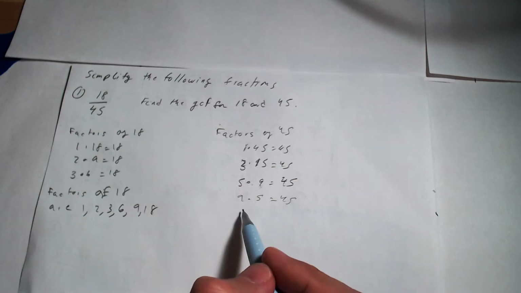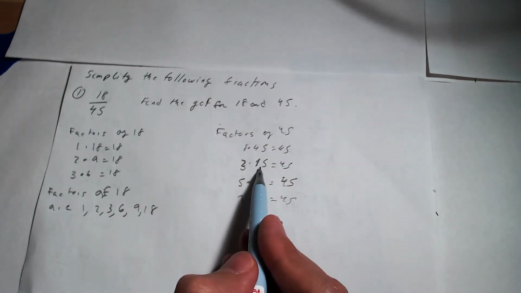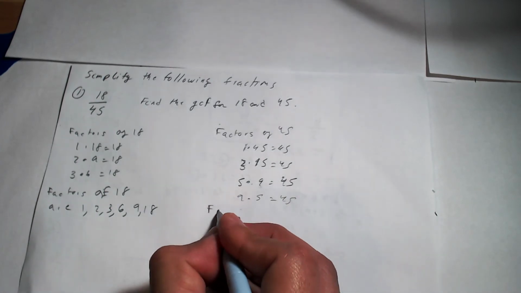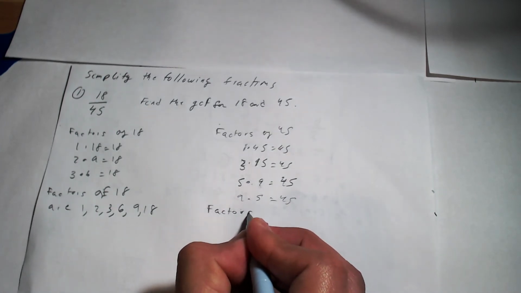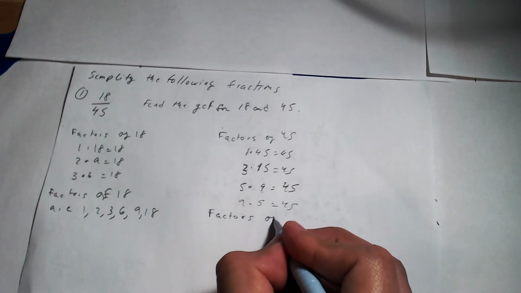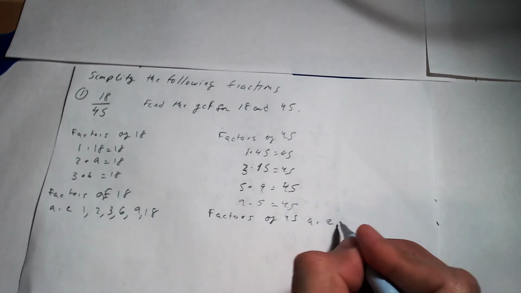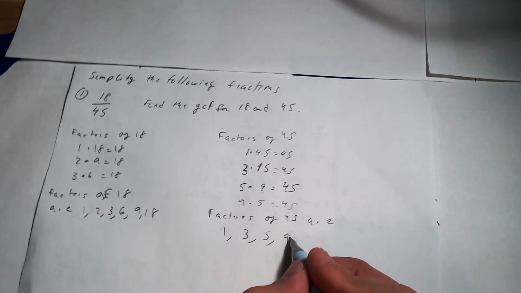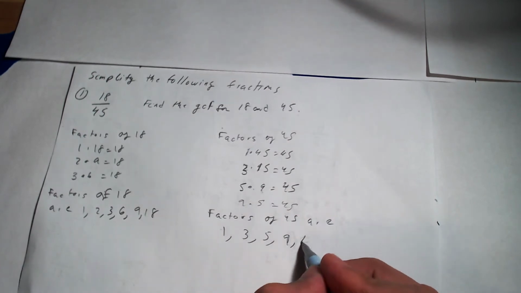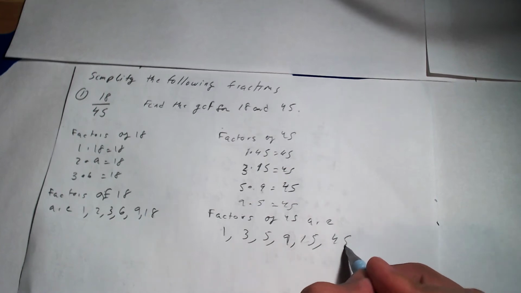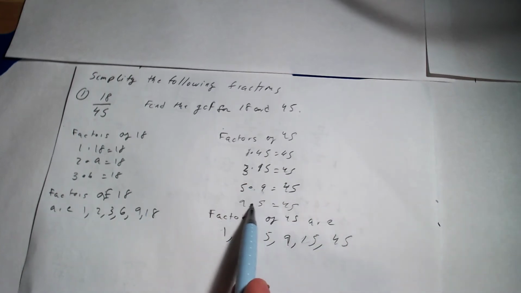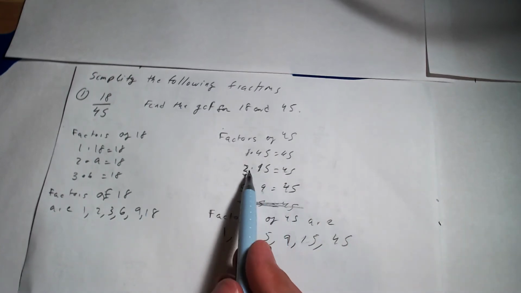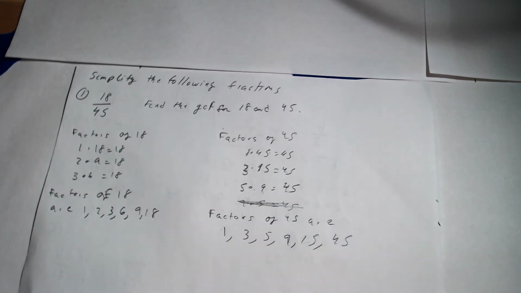So there's no point in going 10, 11, 12, because you're going to get 15 and then eventually 45. So the factors of 45 are 1, 3, 5, 9, 15, and 45.